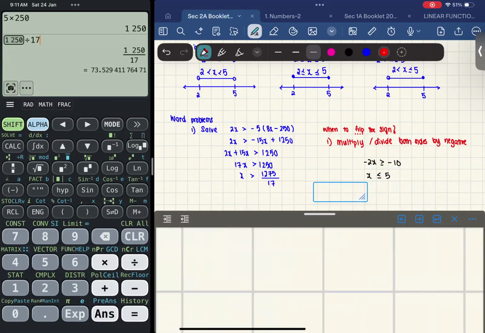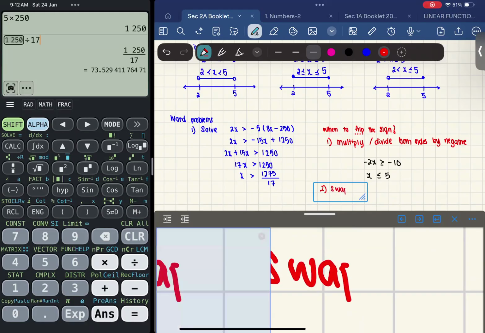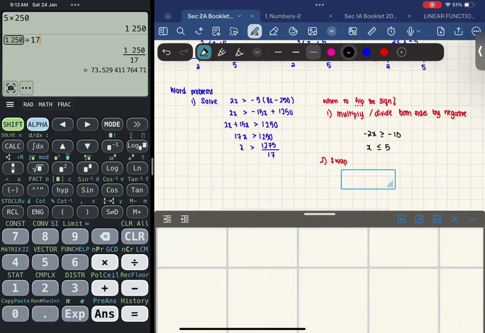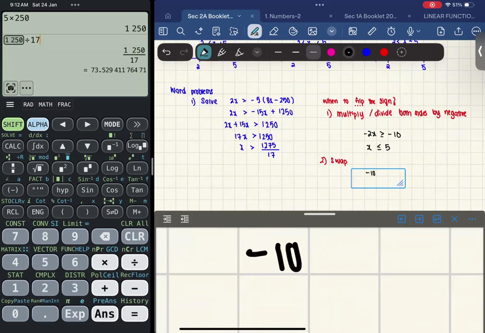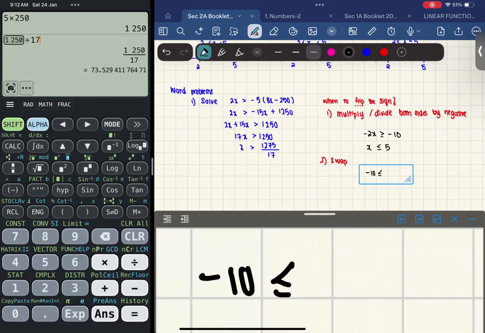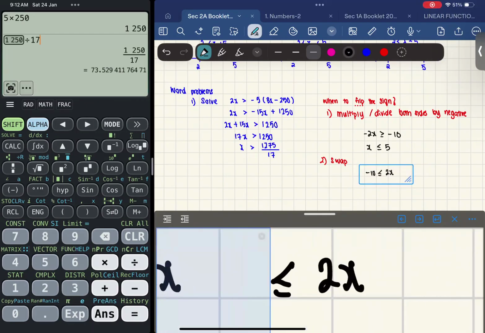Second scenario is when you just swap the location, right? Okay, when you swap, for example, negative 10 is less than or equals to 2x.